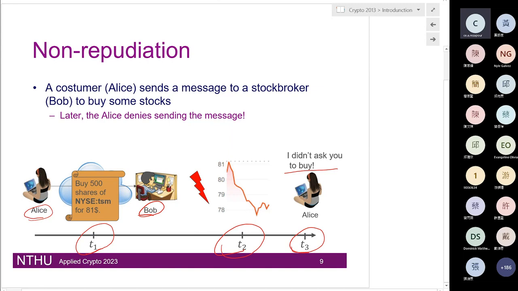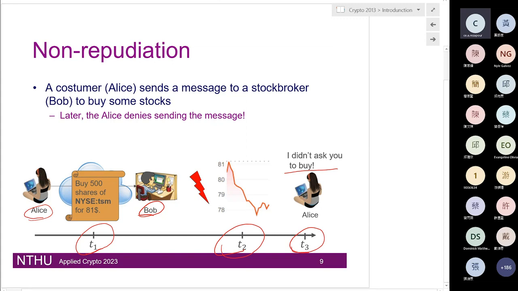Why did you buy it? So this is the best example of where non-repudiation comes into the game, so that we need to have some mechanism here to make sure that Alice cannot deny in the future that she sent this message to Bob in the first place.